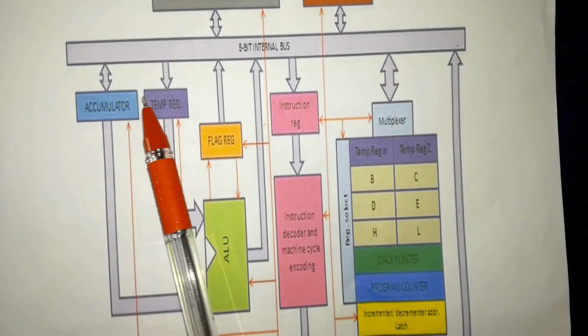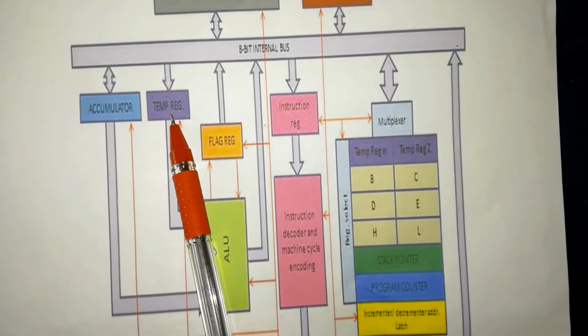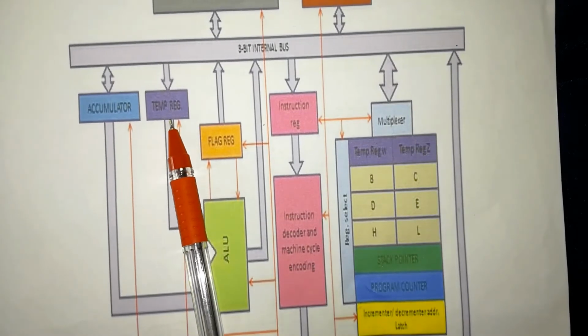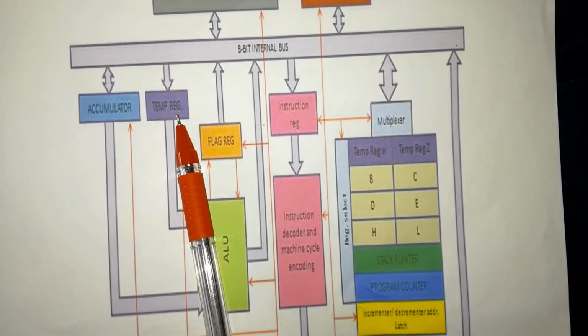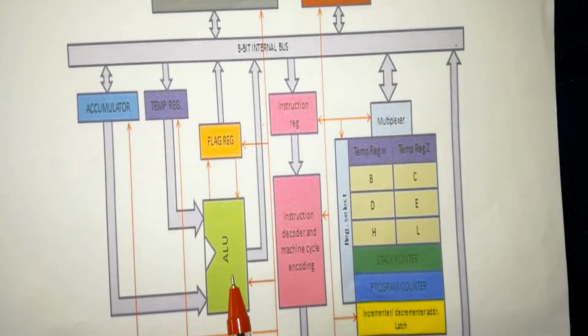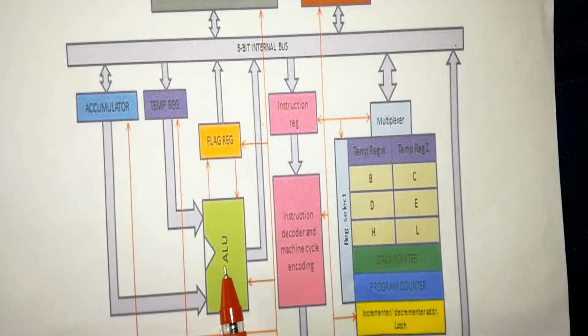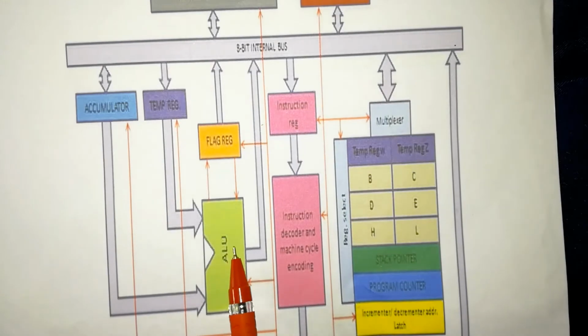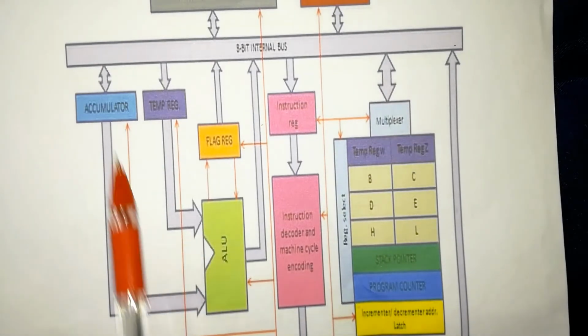Temporary register is used to store the operands of arithmetic and logical operations. Here you can see ALU in green color. ALU means arithmetic and logic unit. Here arithmetical and logical calculations take place.